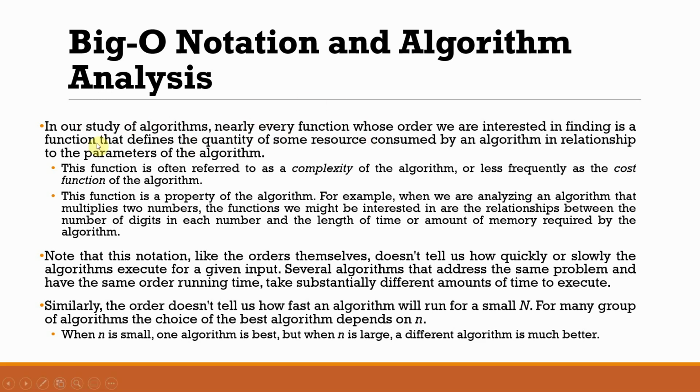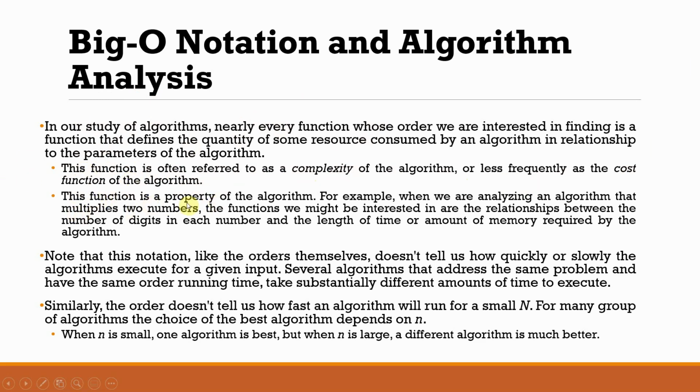This function is often referred to as the complexity of the algorithm, or less frequently as the cost function. So this is the formal definition of cost function or complexity.